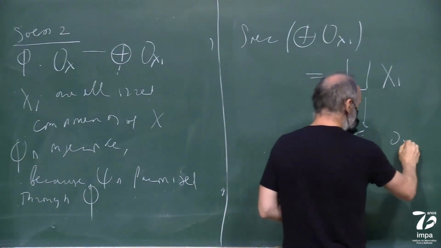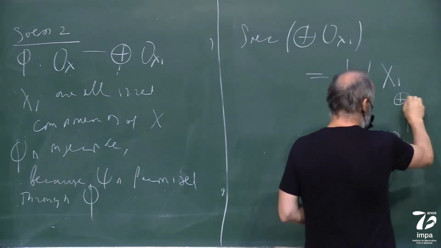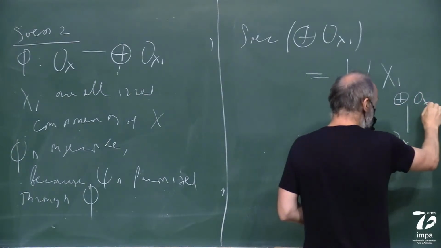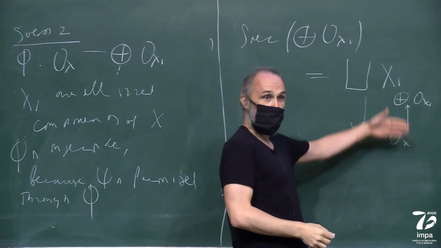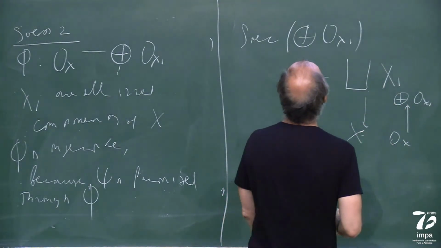So O(X) goes to this direct sum of O(Xi). This is the corresponding map of this pullback under this projection.